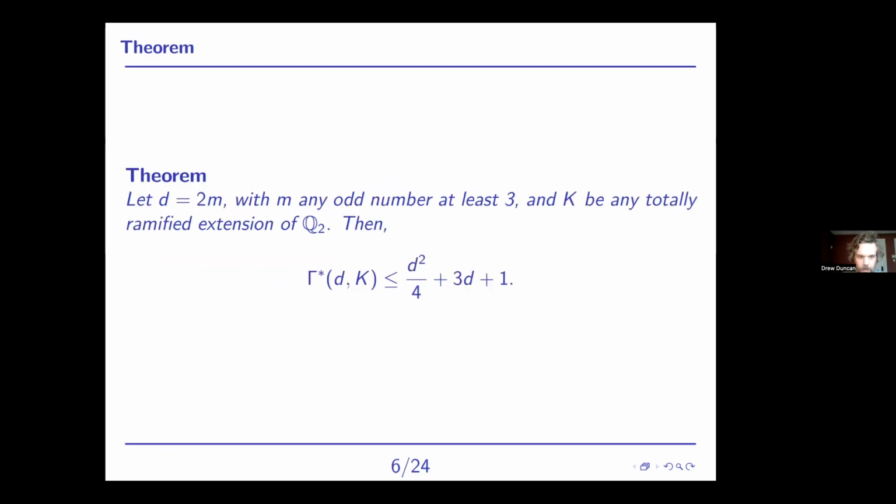So that's what I'm going to talk about, and that's this theorem: when the degree d is 2 times odd, any odd number at least 3, and K is any totally ramified extension of Q2, no matter how high a degree of extension, then gamma star of dk is bounded by d squared over 4 plus 3d plus 1, which is strictly less than d squared plus 1.